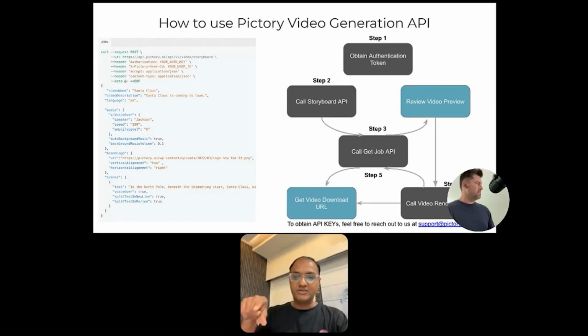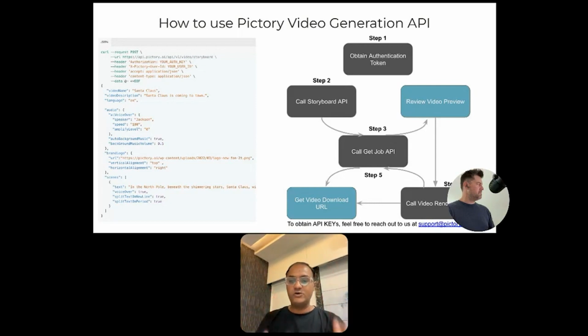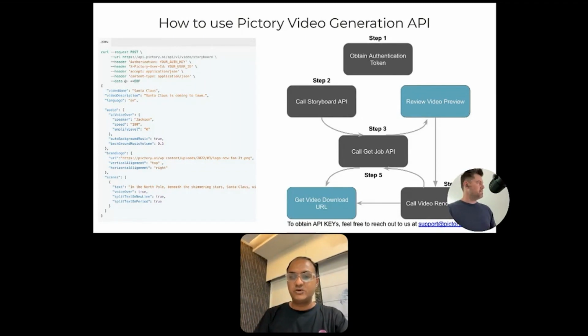When you put the text in the Pictory web app and go to the next page, it gives you a video preview. So it's similar to that. Once you are happy with the video preview, the get job API also gives you some render params, audio settings, scene settings, and a few other settings.